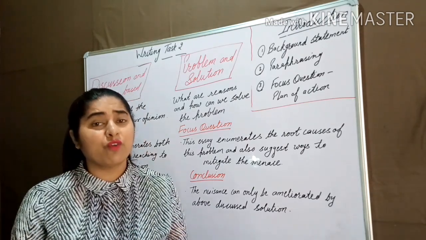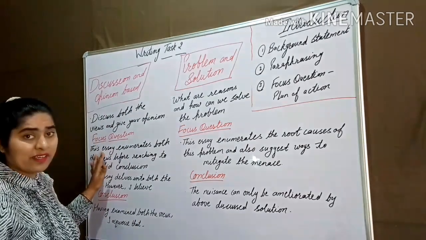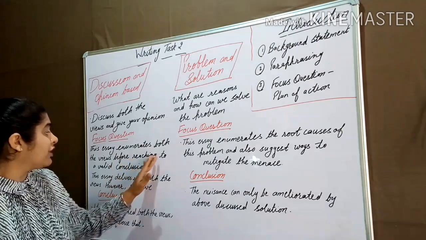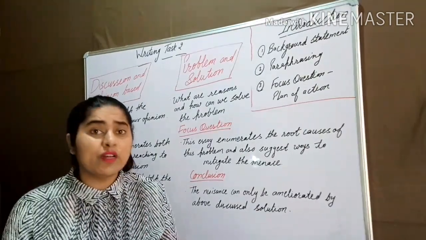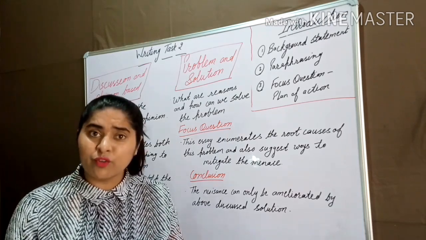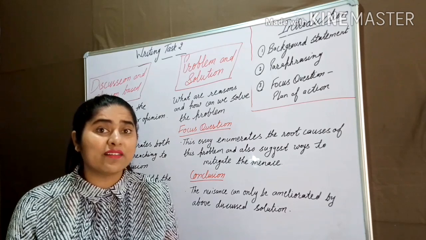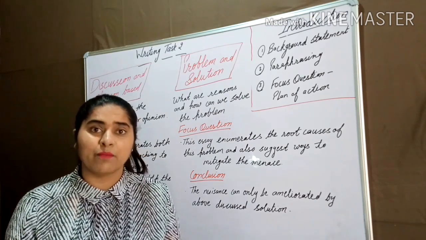Then what would be our focus question? The focus question would be: this essay enumerates both the views before reaching a valid conclusion. It means in this essay you will describe both the views, thereafter you will give your personal opinion. It means it is a discussion and opinion based question type.